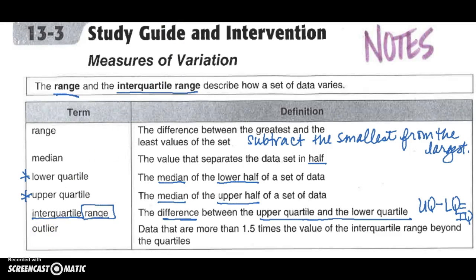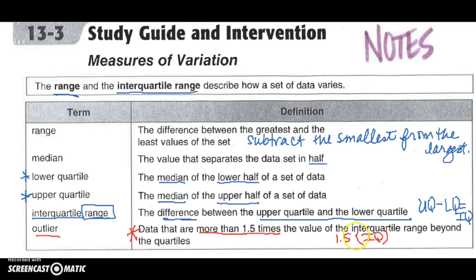We've mentioned that sometimes there are outliers. And here is the actual math behind determining what numbers are outliers. If the data is more than 1.5 times the value of the interquartile range, if it's more than that, IQ times 1.5, when you find that product and you add it to the upper quartile, any number bigger than the result of adding this to the upper quartile would be an outlier that's too big.